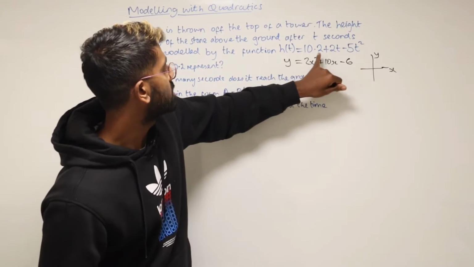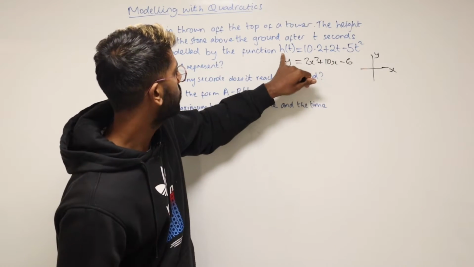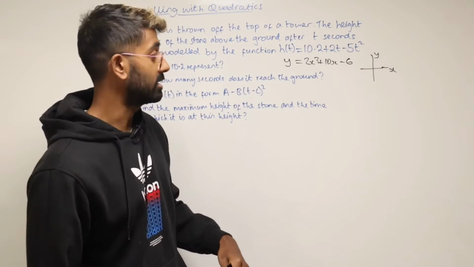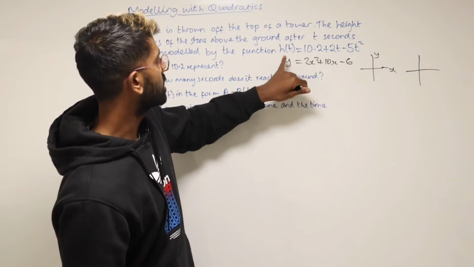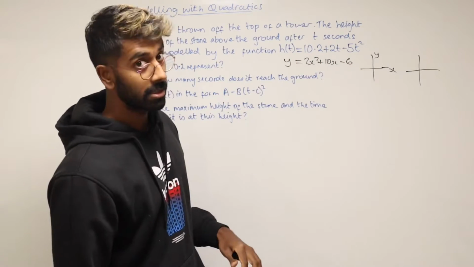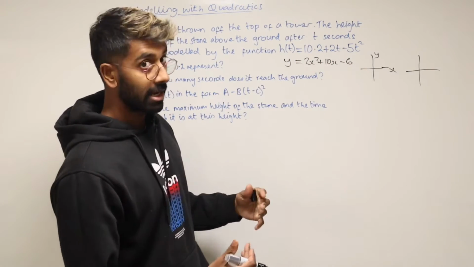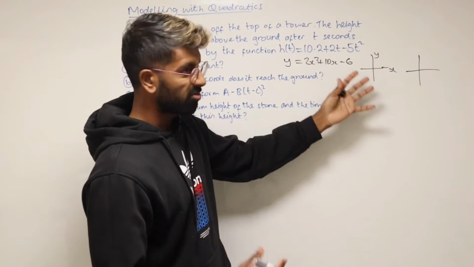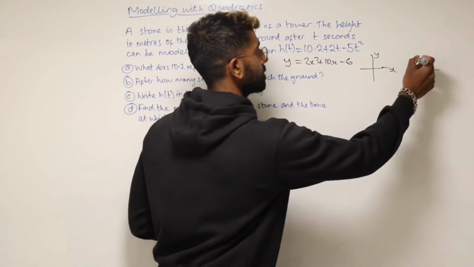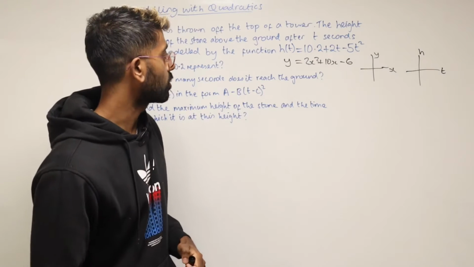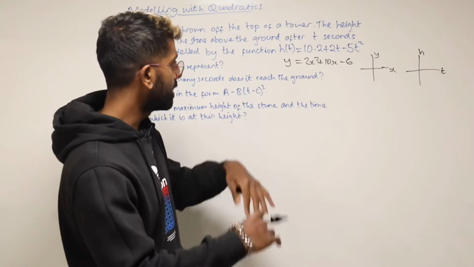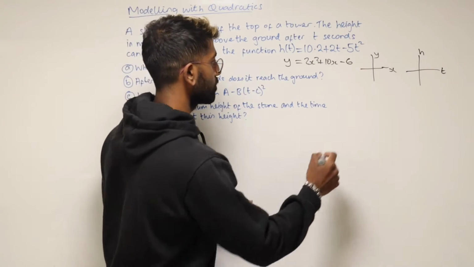Now clearly you can see here we don't have y's and x's. Instead what we have in our function here is h's and t's. So all we need to realize is that the axes are not going to be x and y axes anymore. They're going to be h and t axes.